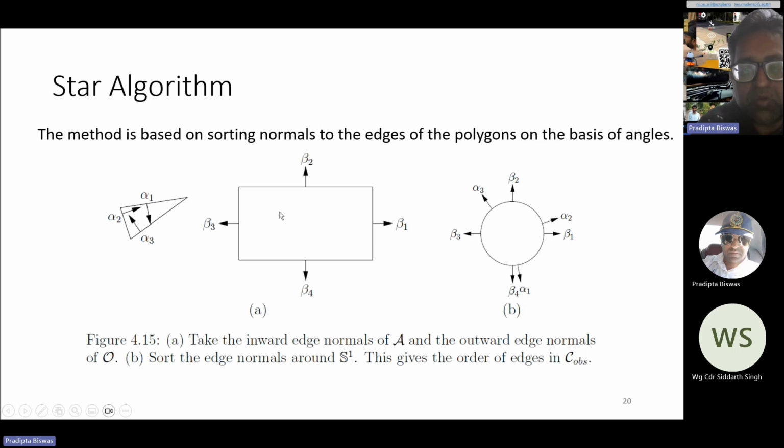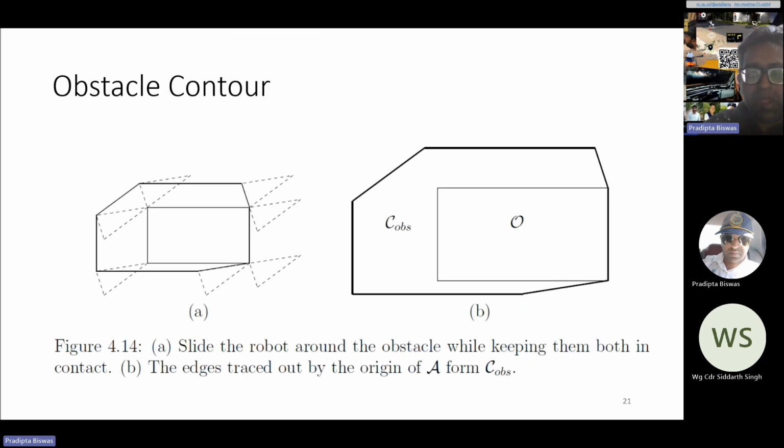In total, you see there are 3 plus 4, 7 edges, considering both the robot and obstacle. So our configuration space will also consist of 7 half planes. In the subsequent slides, we will find out how we can find the equations of these half planes. Before doing so, the star algorithm only tells us the procedure, how we should proceed to find these half plane equations. It's not exactly telling us how to calculate the half planes.